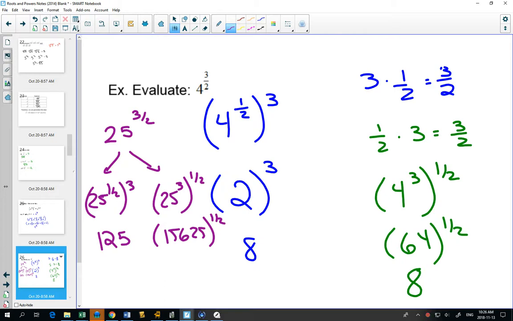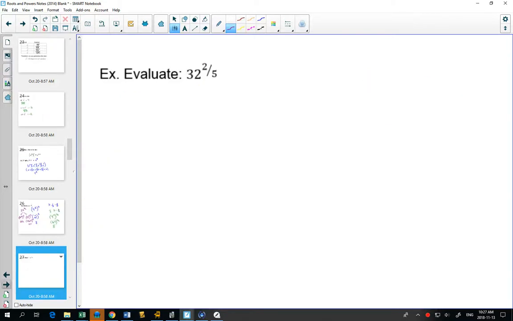All of a sudden you're like, I hope this is a calculator question. It still works out to 125, but the left side you could do with mental math. The right side would be problematic. So yes, they are the same thing, but the order does help us make things easier.